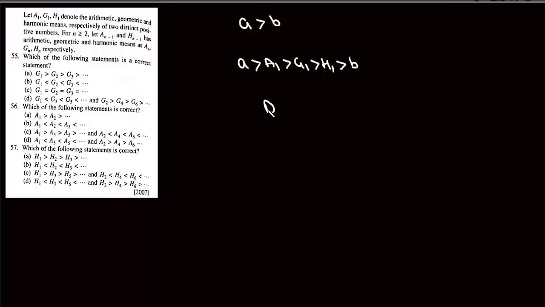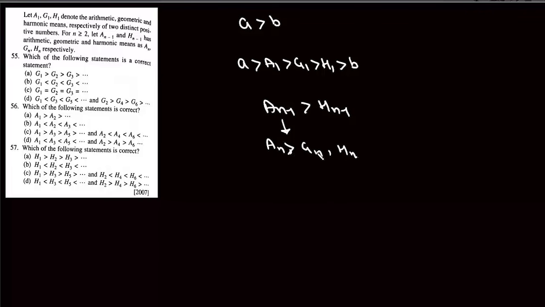Now we know that A(n-1) will be greater than H(n-1) since AM is always greater than HM, and for these numbers their AM is An, GM is Gn and HM is Hn.